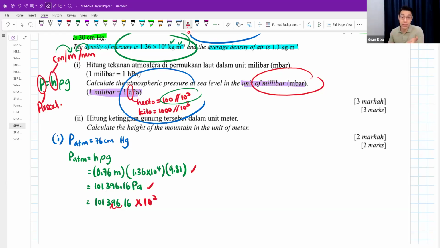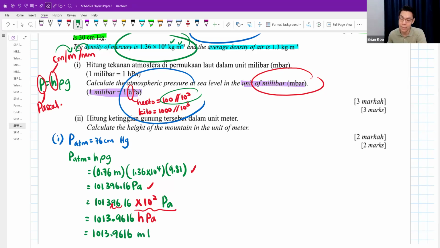The answer is already there. You cannot change the number. It must be 101,396.16. I repeat, here, make 2 decimal places bigger. Here, you have to make 2 decimal places smaller. Okay, and what is 10 to the power of 2 and Pa like this? It means hectopascal, which also means it is your answer already.